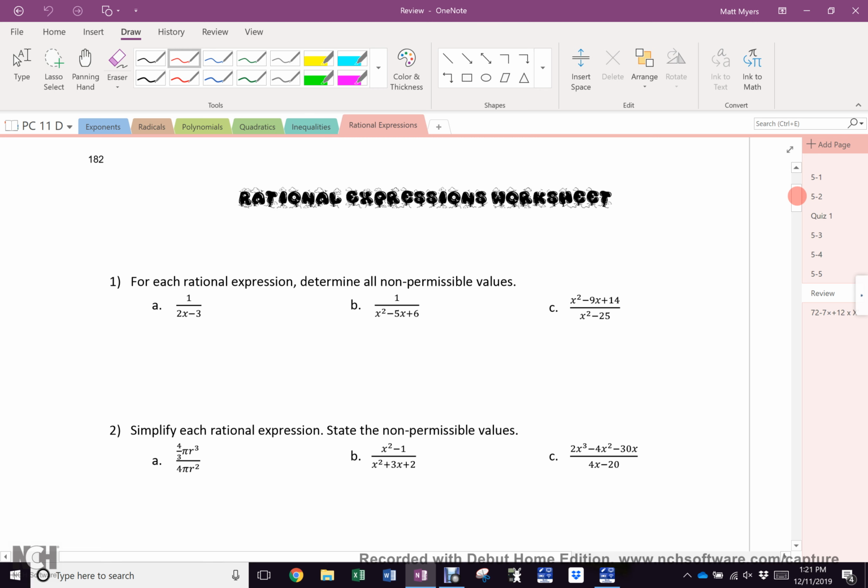Is that okay? I'll split the cumulative over 2 days. Is that okay? All right, that's what we will do. And then Friday, which is a long day, we will go over the cumulative. That will take 20 minutes by the time we've gone over it, and then we'll have nothing to do.